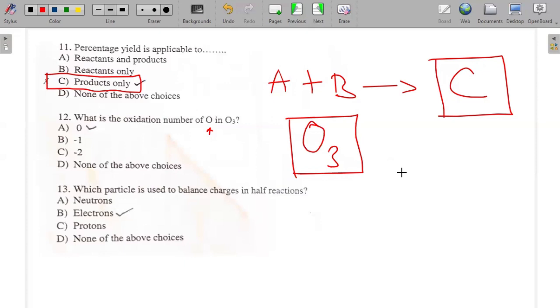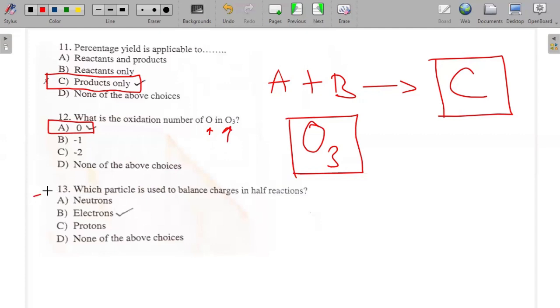As long as that element is not combined with anything, then the oxidation number is 0. So here we're going to pick A as our best answer, because this one is not combined to anything, it's just combined to itself. So the oxidation number is 0.